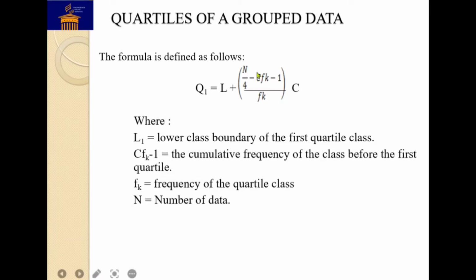So the only difference between this quartile formula and the median formula is just the quartile class, which is the N over 4. For the median, it will be N over 2. For the deciles, it will be N over 10. For the percentiles, it will be N over 100. So once you know your median formula, you can actually apply it to every other measure of partition.